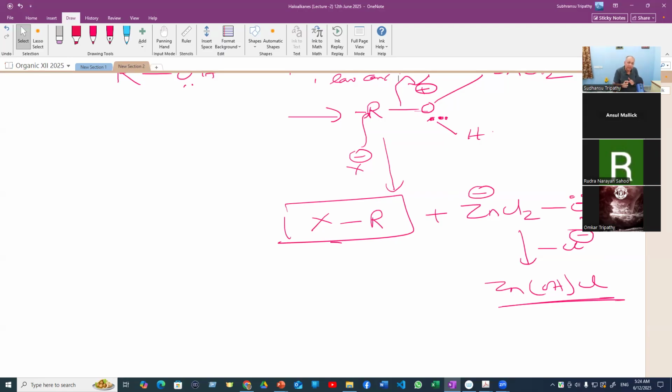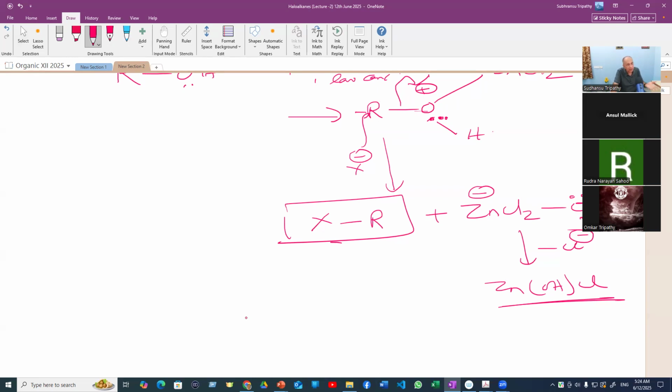So there is no room for any rearrangement. If it is a 1 degree or 2 degree having a branch in the adjacent position, then there will be hydride shift or alkyl shift. So that happens. So this 3 degree question doesn't arise. If it is 3 degree, there is no question of any rearrangement.